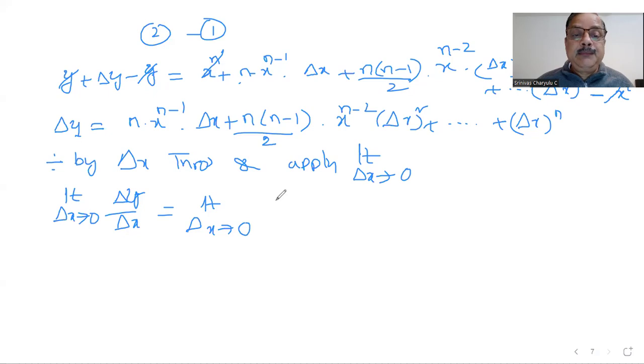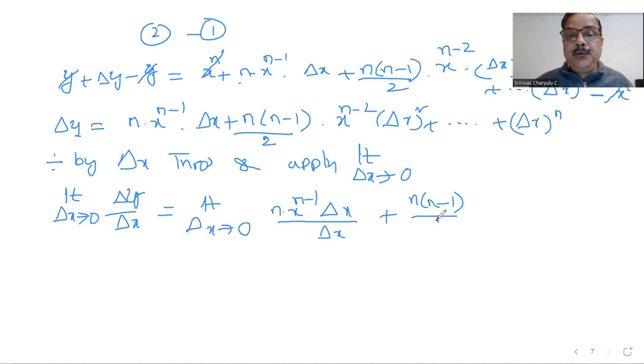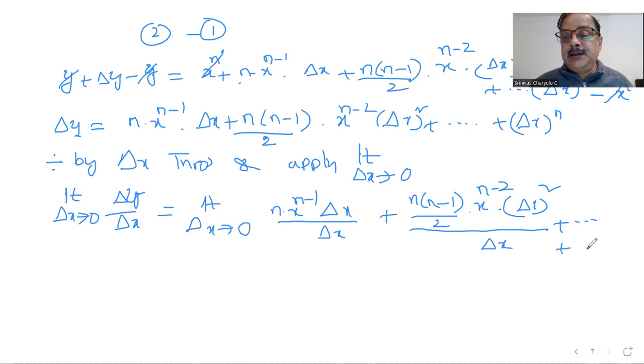Right hand side we are having, see the equation, top equation, n into x to the power of n minus 1 delta x by delta x, first term, plus n into n minus 1 by 2 into x to the power of n minus 2 delta x whole square divided by delta x, and dot dot dot plus delta x whole to the power of n divided by delta x.